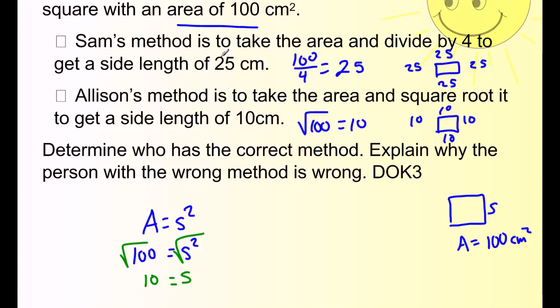So why is Sam's method wrong? What does it look like he did? It looks like, instead of thinking about area, Sam was thinking about perimeter.